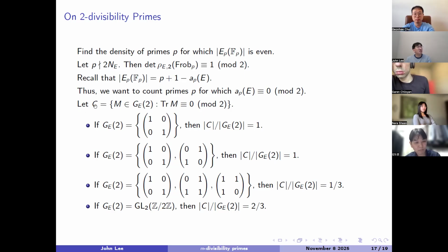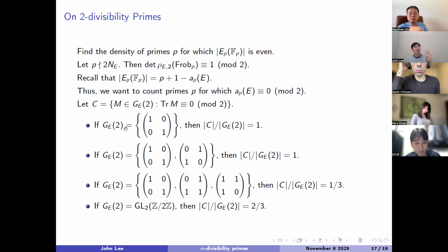So we define this set C, which is all the elements in G_2 such that the trace is congruent to 0 mod 2. Of course, this is closed under conjugation because conjugation preserves the traces. In one of the early slides, we talked about the possibilities of G_2.